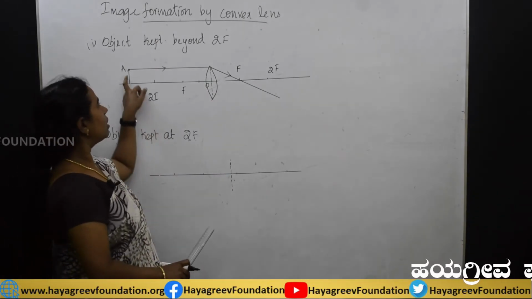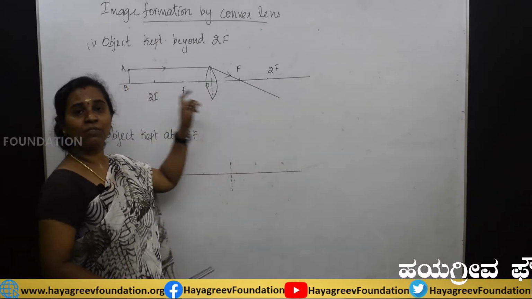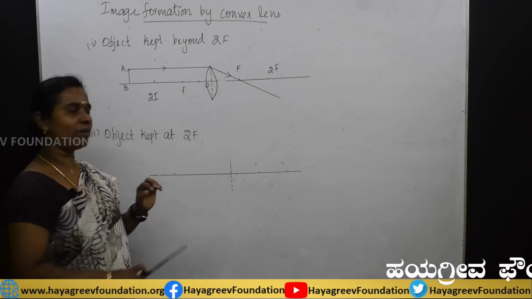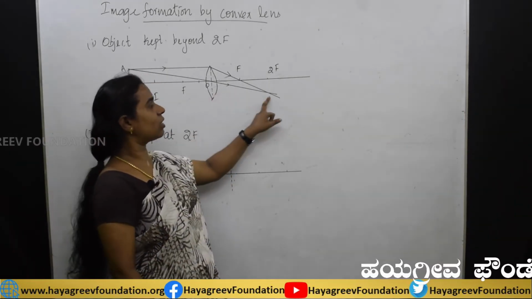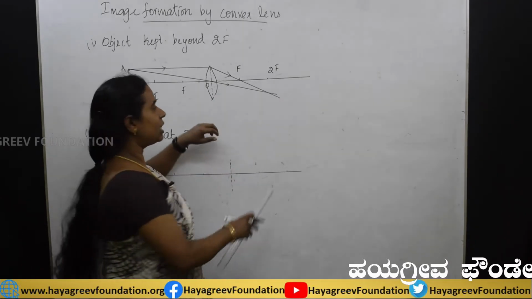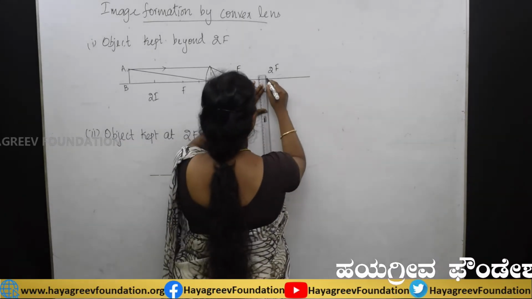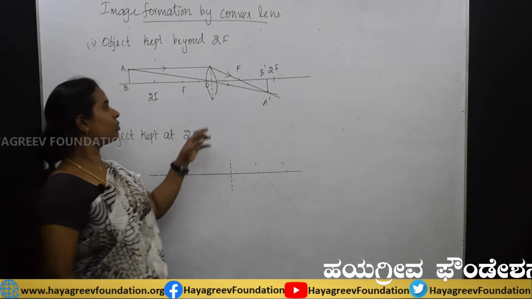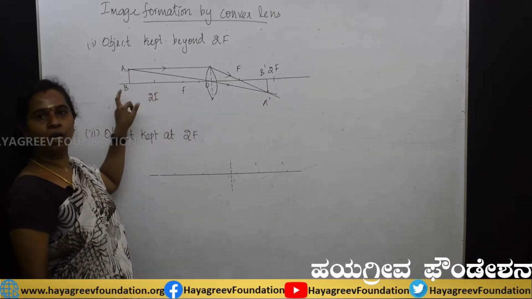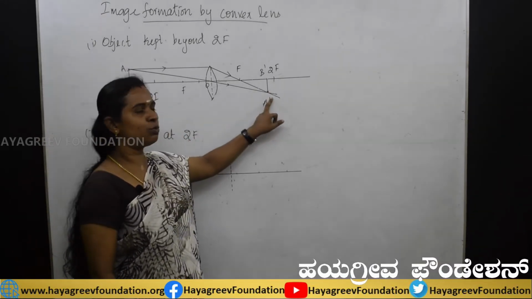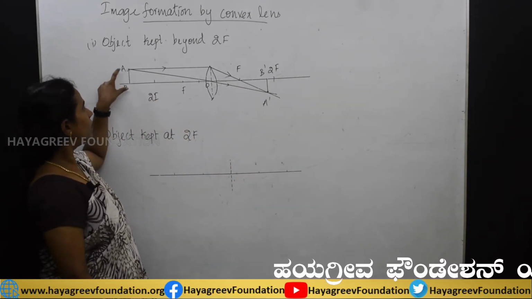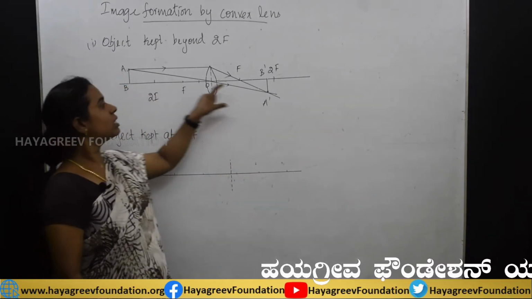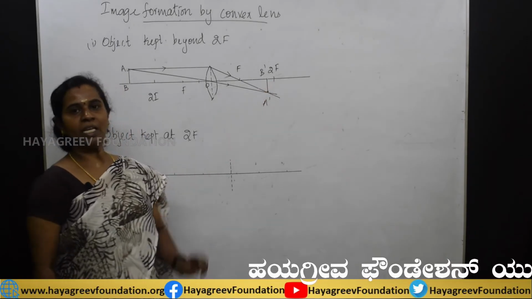The next ray passes through optic center without deviation; it travels in a straight line. Where the 2 refracted rays meet, at that point the image is going to form. So if the object is kept beyond 2f, the image is going to form between f and 2f. Compared to the size of the object, the size of the image is very small.